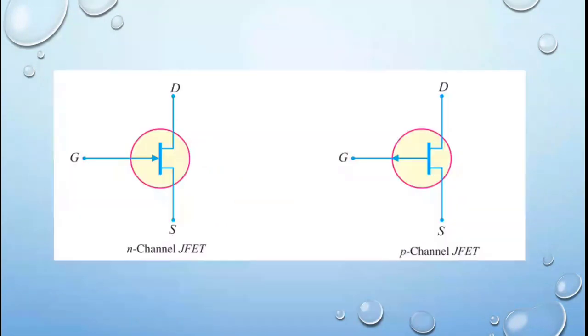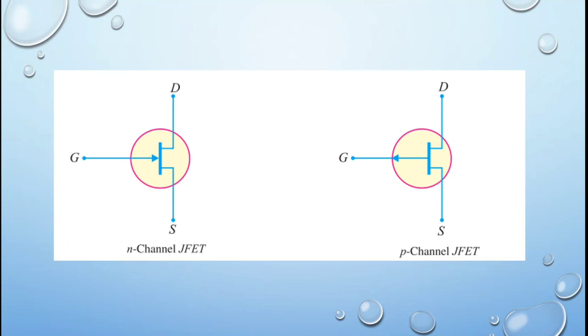This is the symbol of N channel JFET and P channel JFET. JFET means junction field effect transistor. So this is the N channel JFET symbol. The arrow mark is towards the channel. Here for P channel, the arrow mark is directed away from the channel.